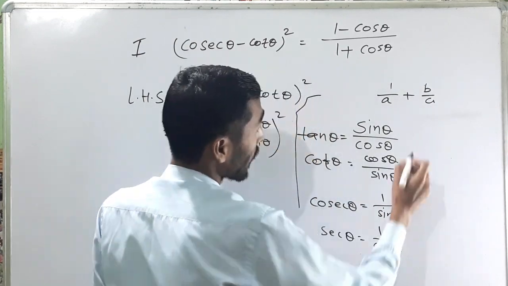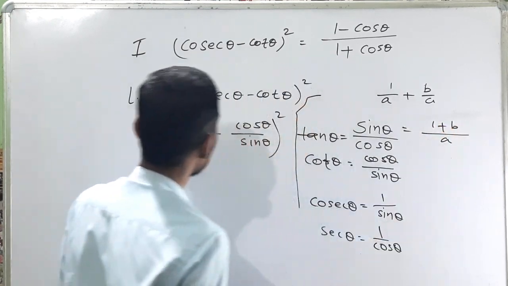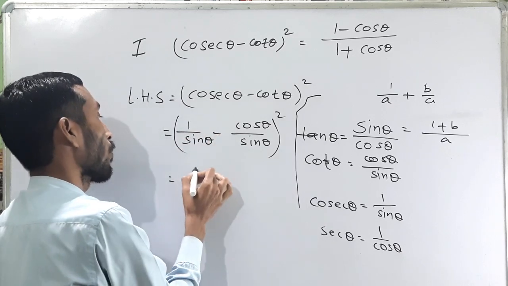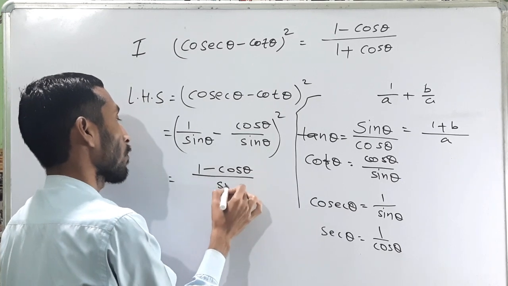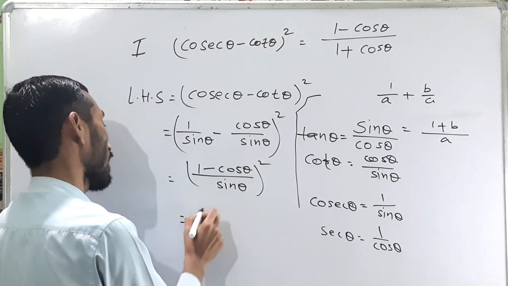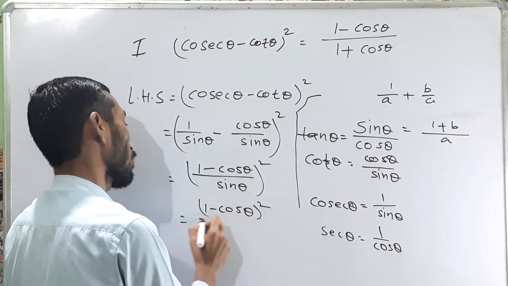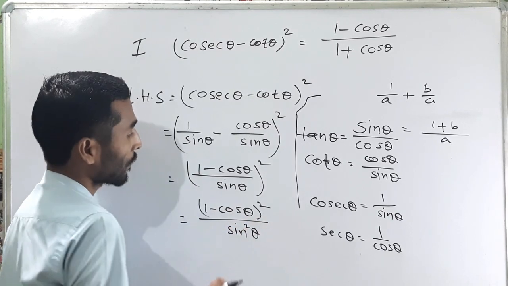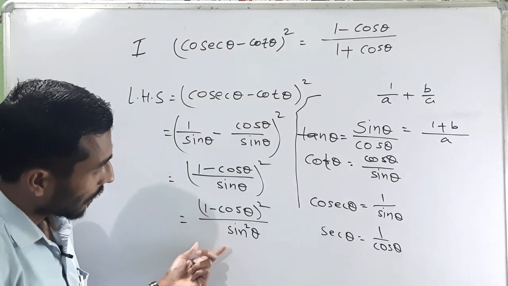It can be solved very easily because the denominator is the same, so we can write simply: 1 minus cos theta by sin theta to the power 2, and we can write 1 minus cos theta to the power 2 by sin square theta.